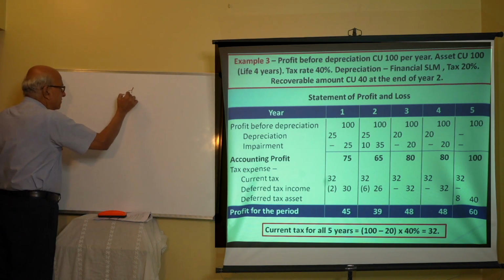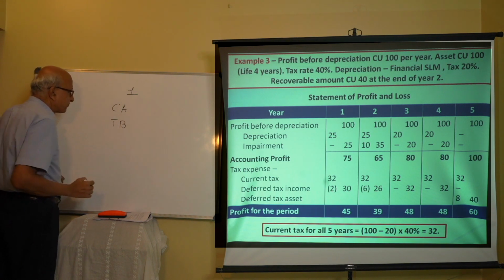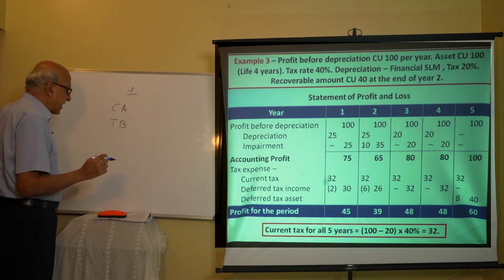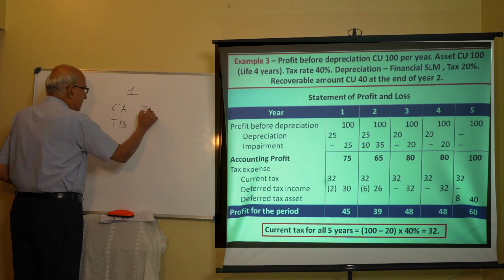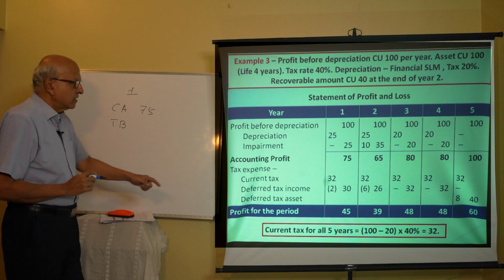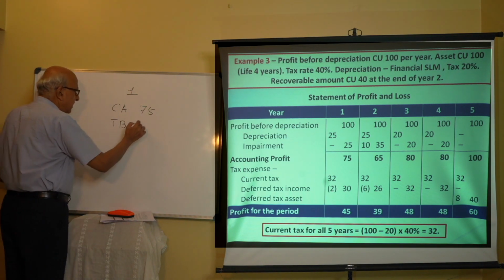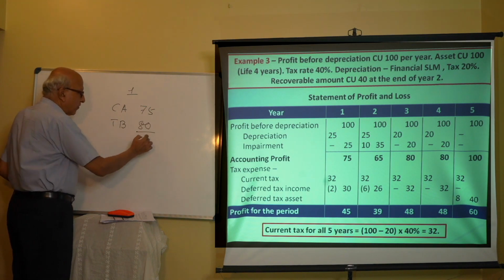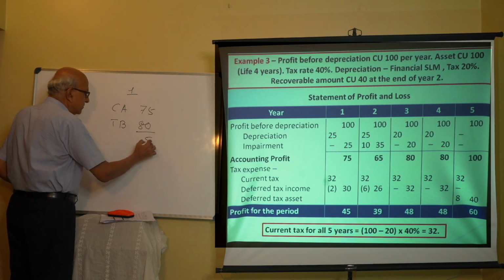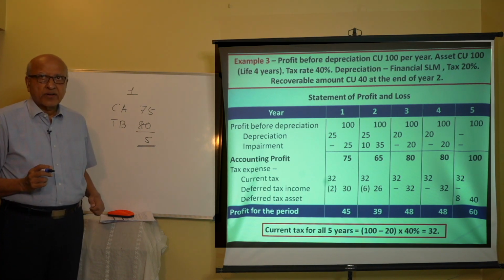Year 1. What is the carrying amount? What's the tax base? Carrying amount is 75, 100 minus 25. Tax base is 80, 100 minus 20. So 5 rupees is what? Deductible temporary difference.